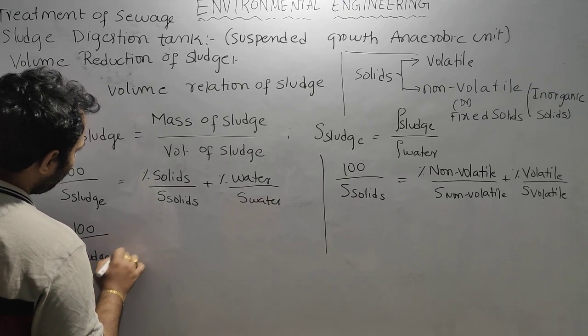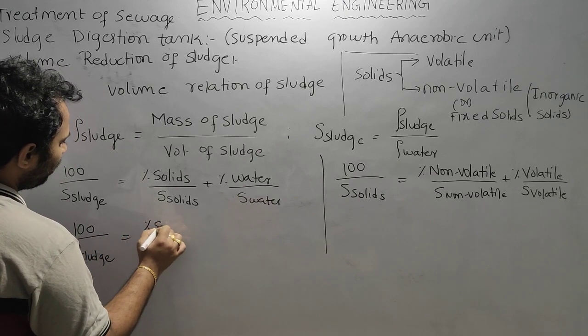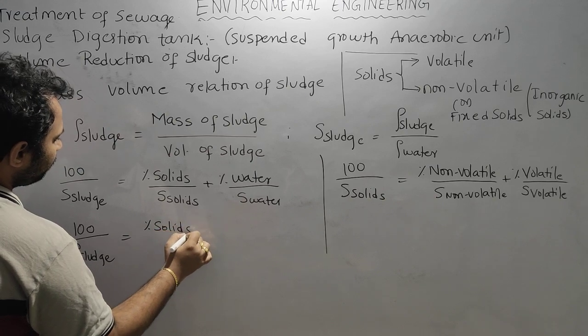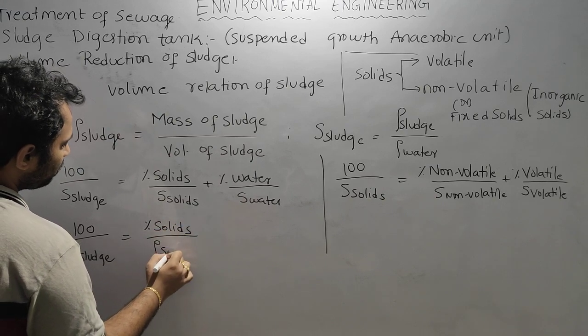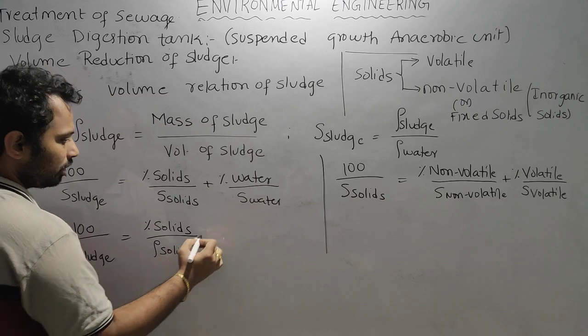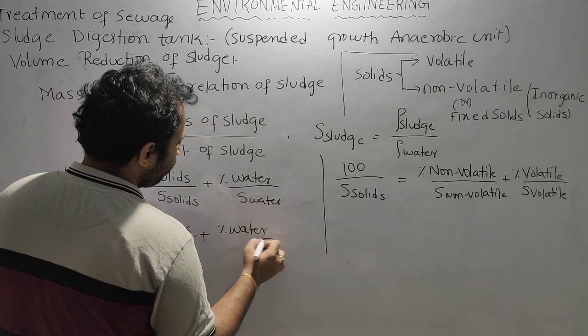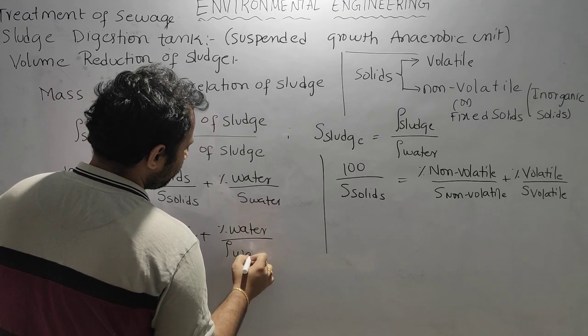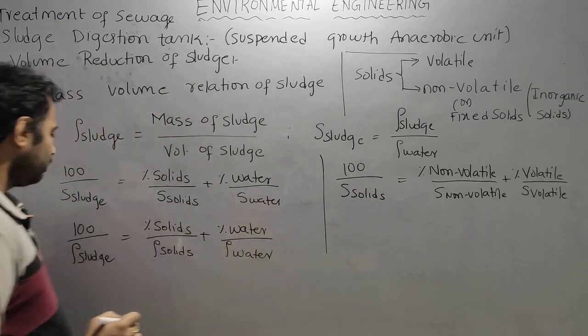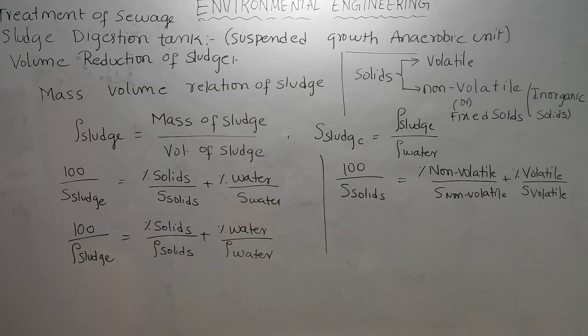Rho of sludge is equal to percentage solids by rho of solids plus percentage water by rho of water. So these are very useful formulas for us in the GATE examination. They will definitely ask us to find the density of the sludge by giving us the density of the solids and the water content.